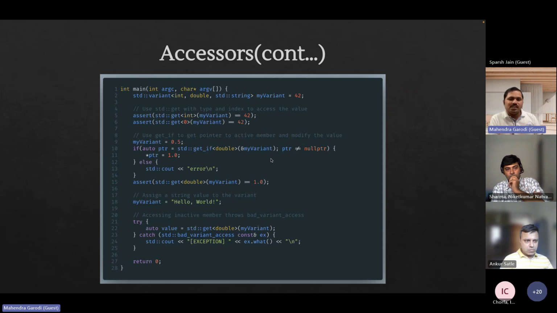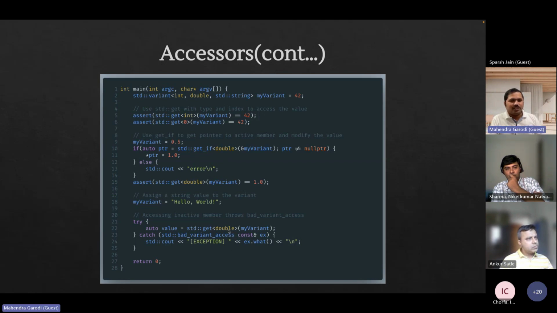Because it is not changing a type, so it doesn't matter. It's not switching the active member because we are assigning directly the same value here. Here also we can use the get with the type and it will not throw an error because we have checked it already.